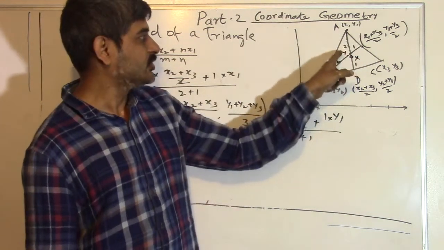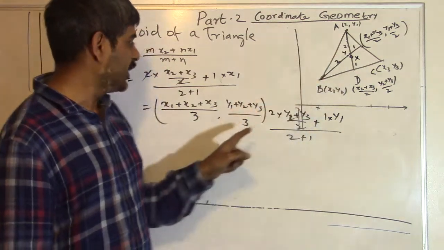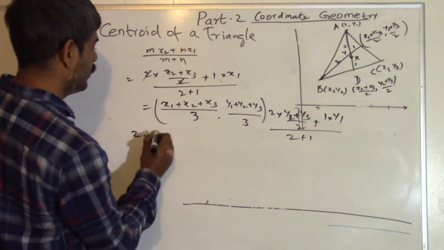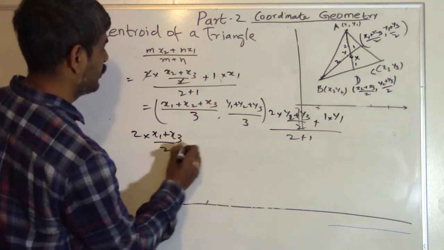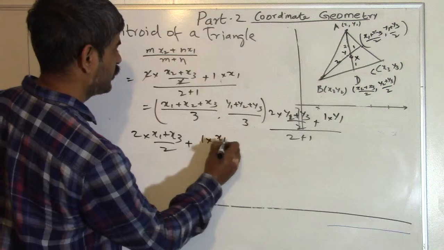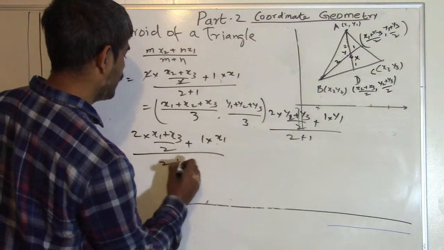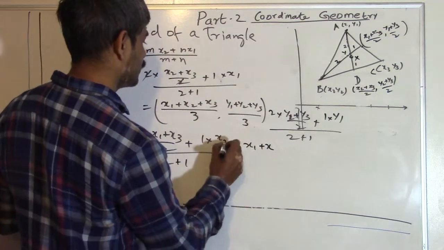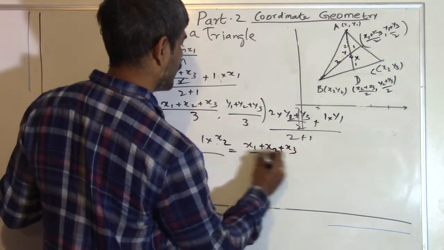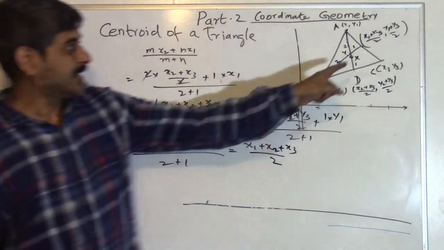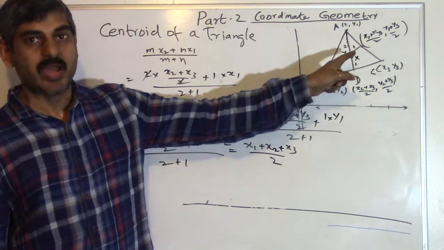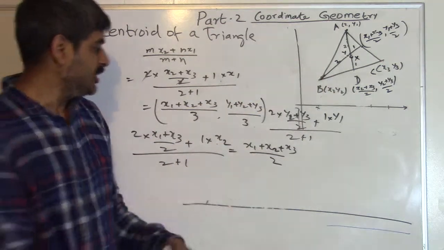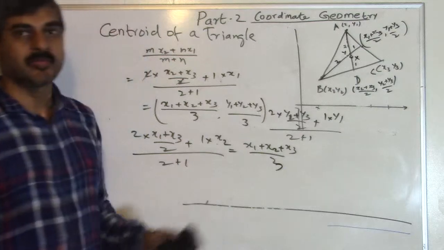We will finally get that this point y has the coordinate x1 plus x2 plus x3 divided by 3. So this point x and this point y have the same coordinate, x1 plus x2 plus x3 by 3 and y1 plus y2 plus y3 divided by 3.